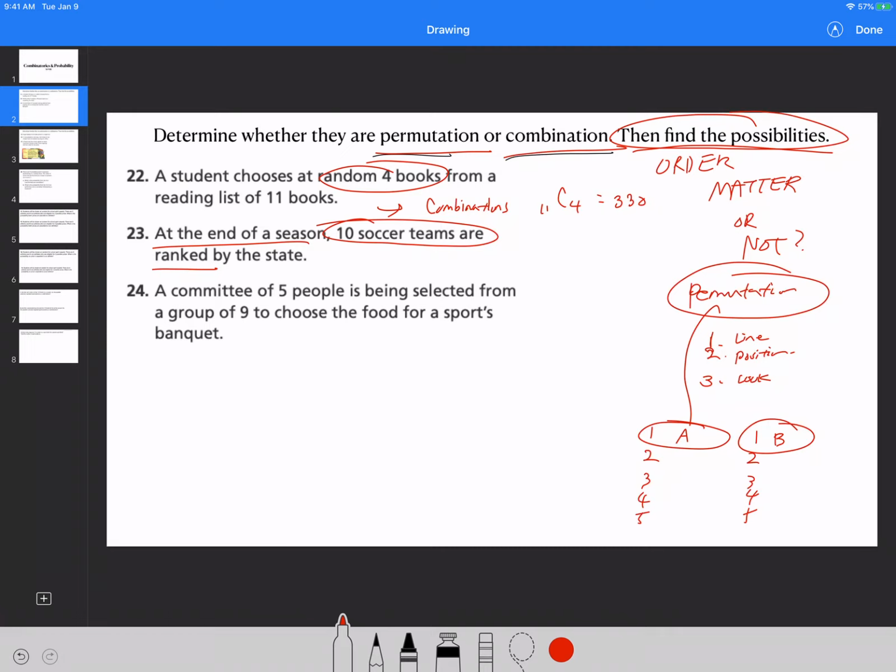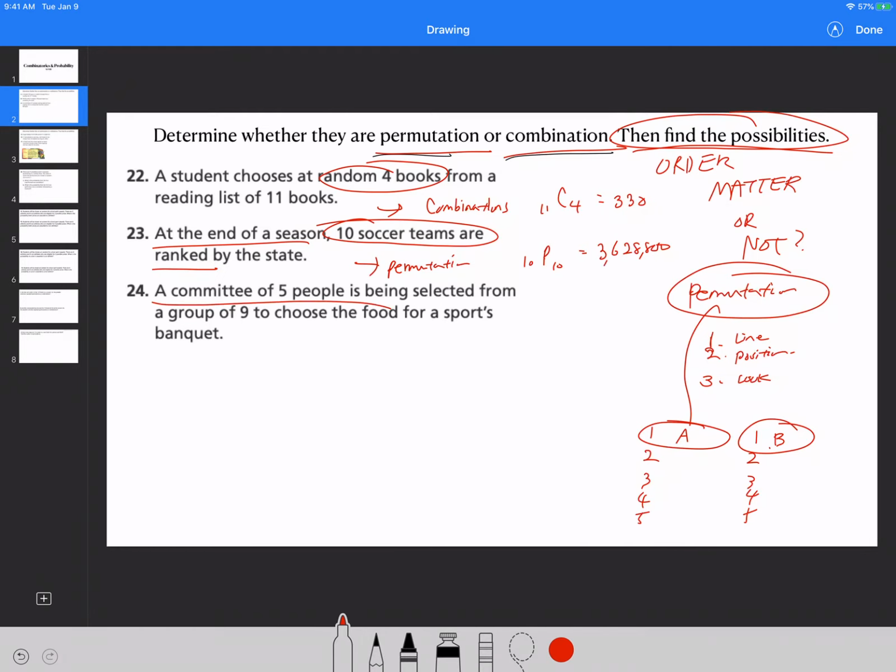So with that being said, this is a permutation question, and then it's 10P10 because we want to arrange 10 teams into 10 different spots. So in other words, we can just do 10 factorial here. Then you will get 3,628,800 or 3.6 million different ways.